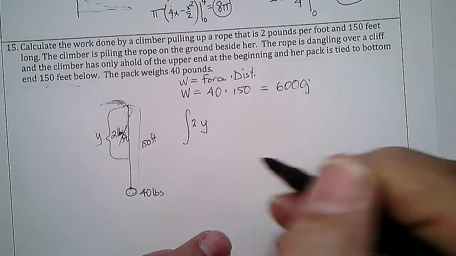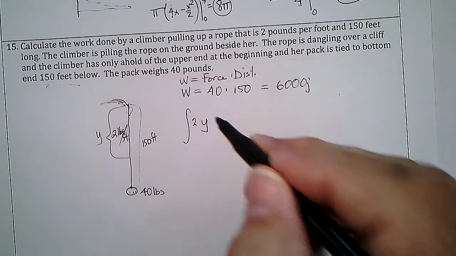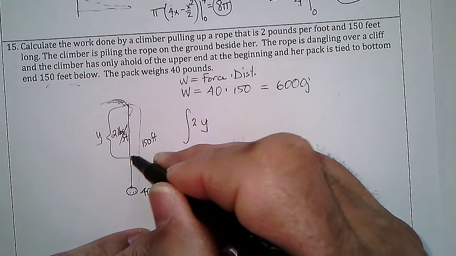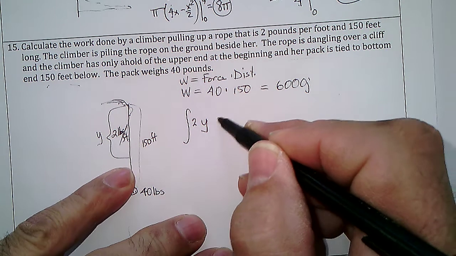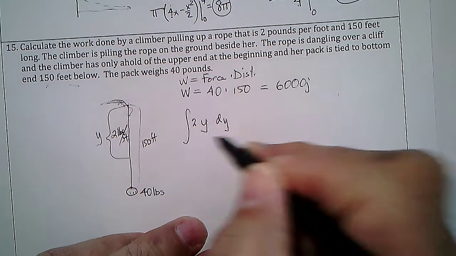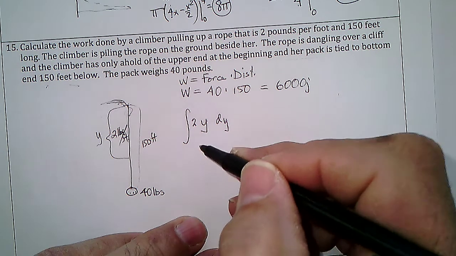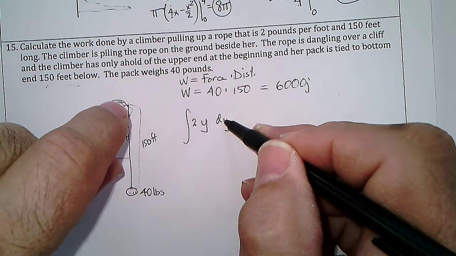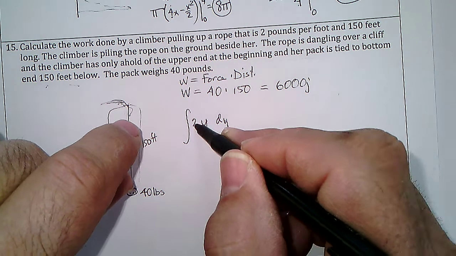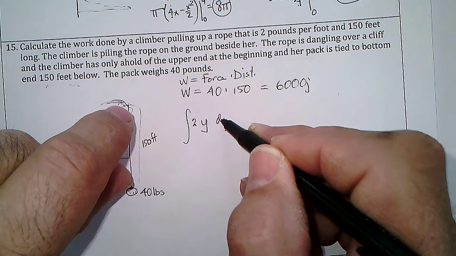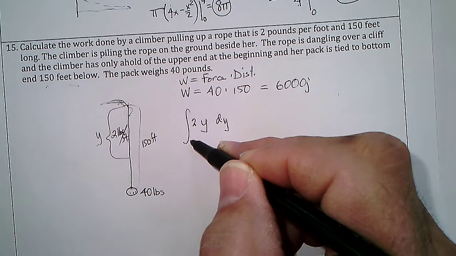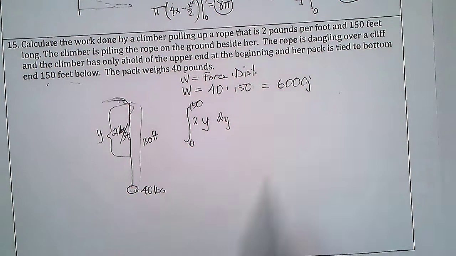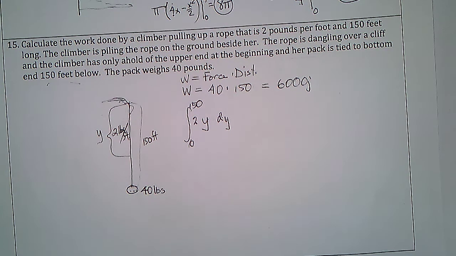That's the weight that's down there, times the distance we're going to move that length, a small amount, and then once we move it that small amount, the length gets a little smaller. So times 2, times the length that's left, times the small amount we lifted, and we add up all those from 0 to 150. That's one way to figure out the rope.